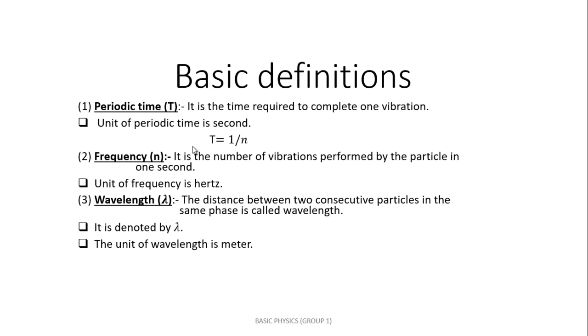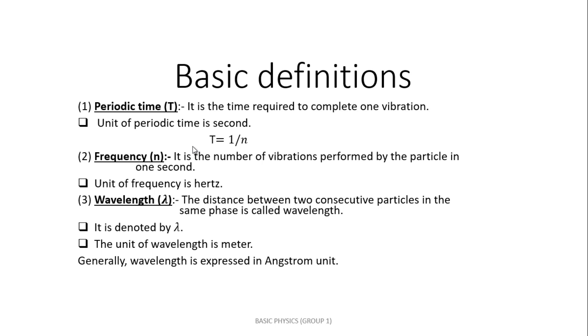But wavelength of waves is expressed in terms of angstrom. It is the smallest unit of wavelength. It is called angstrom unit. Now conversion of angstrom and meter.